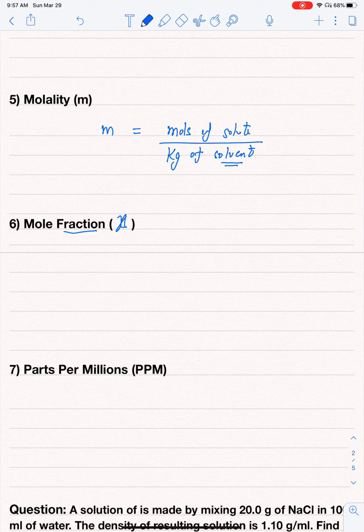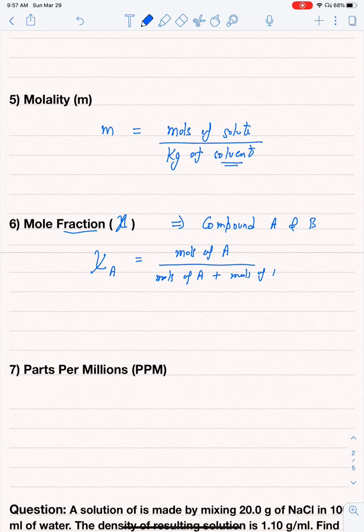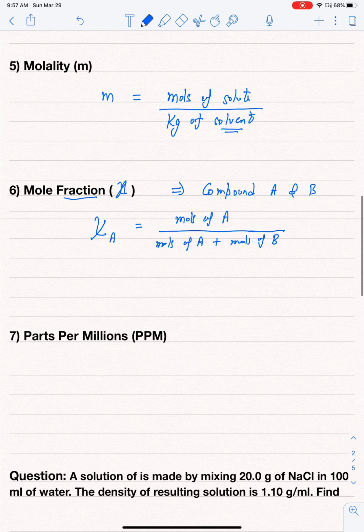So if I have two compounds in the solution, let's say compound A and compound B make up a solution, I can calculate the mole fraction of A. The mole fraction of A is going to be the moles of A divided by the total moles, which is the moles of A plus the moles of B. If you have more than two types of compounds, then you would add up the moles of the third compound in there as well. Similarly, I can also calculate the mole fraction of B.